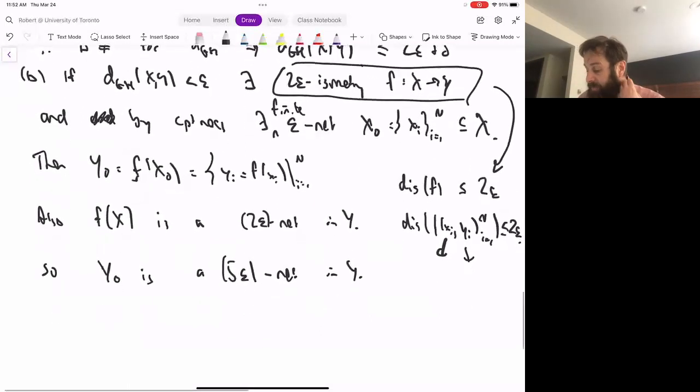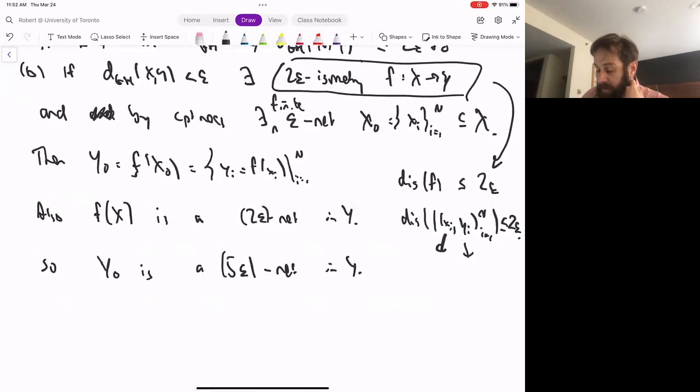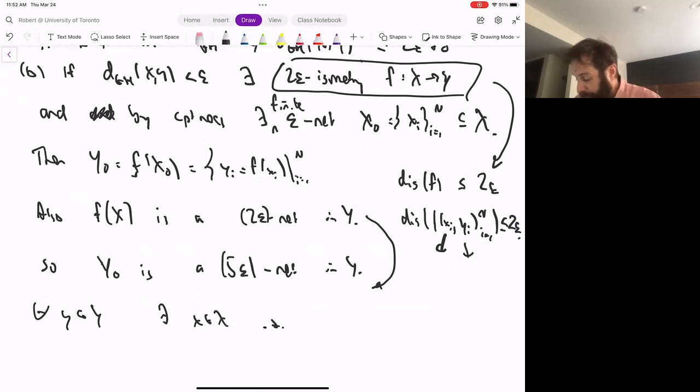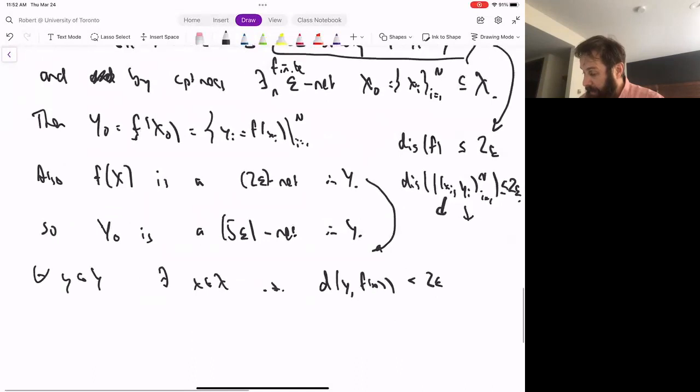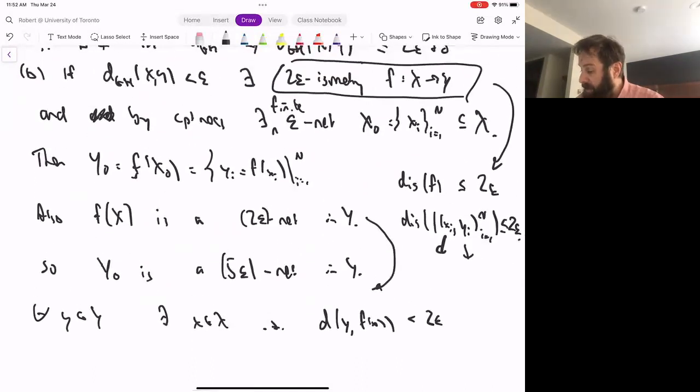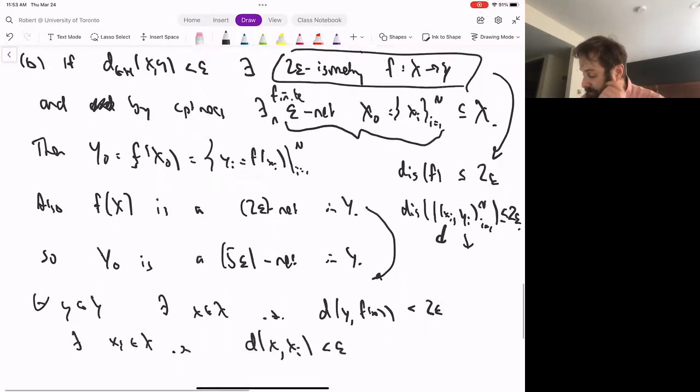So, for every y in Y, by this first condition, there exists an x in X such that the distance in Y between y and Fx is less than 2 epsilon. And because the set X naught is an epsilon net, there also exists an xi in X naught such that the distance between x and xi is less than epsilon.